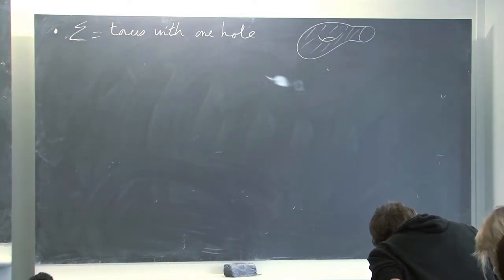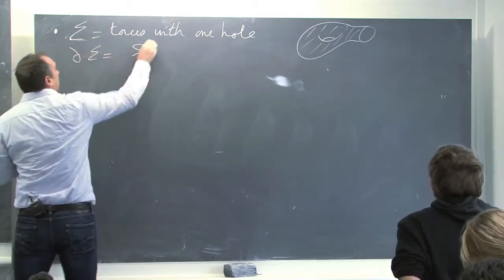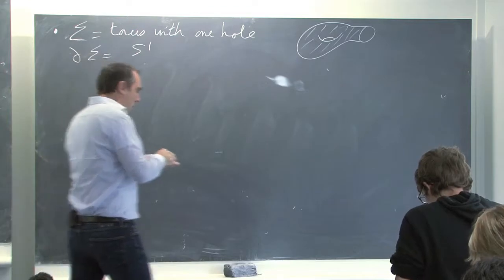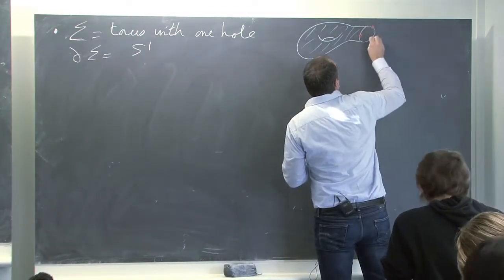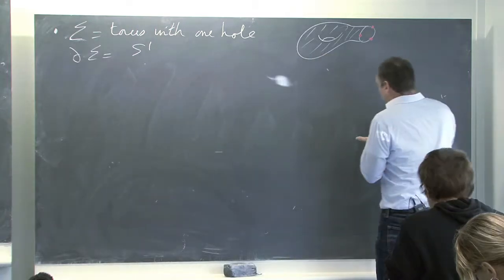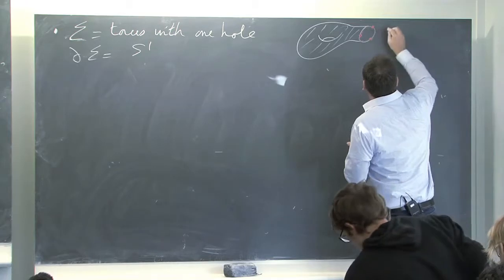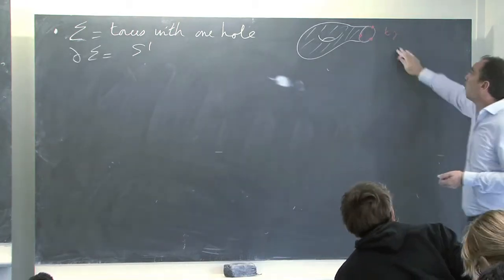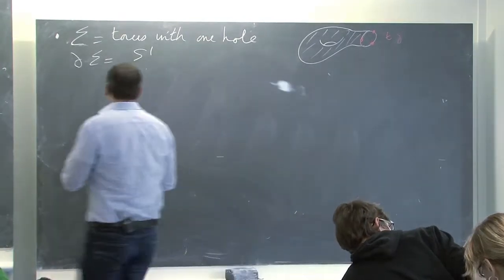The boundary of sigma is again S1, and you can choose, as you see, this triangulation of the boundary.